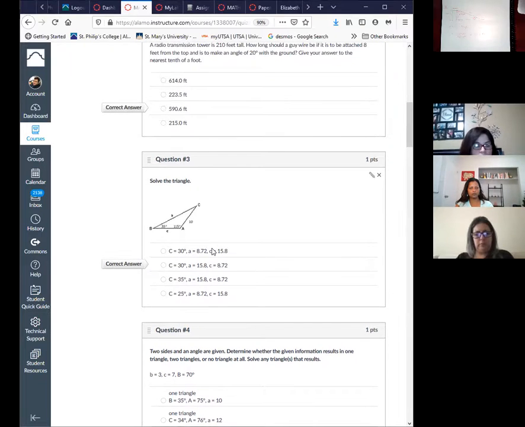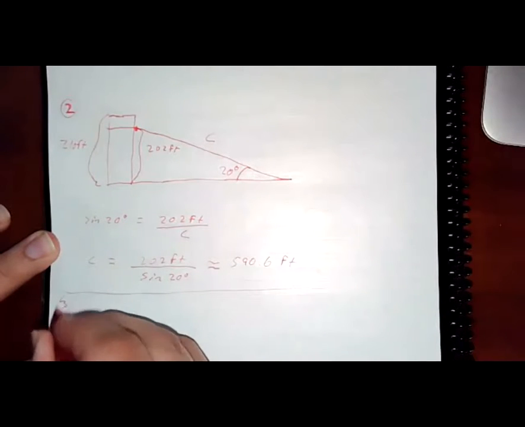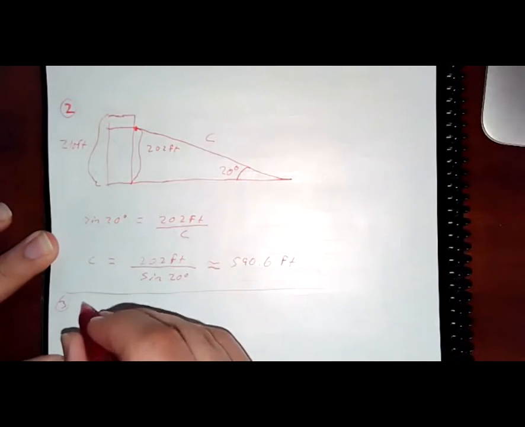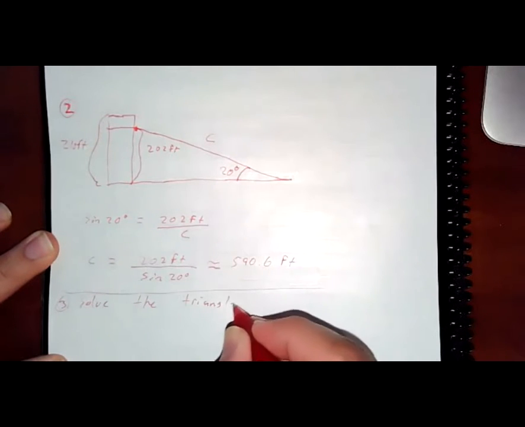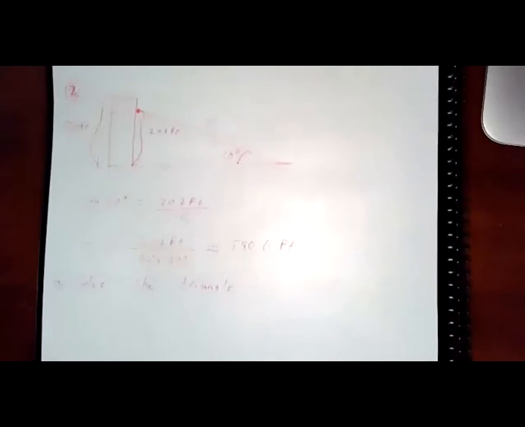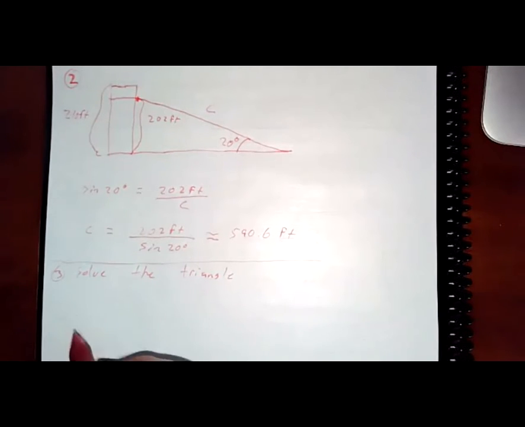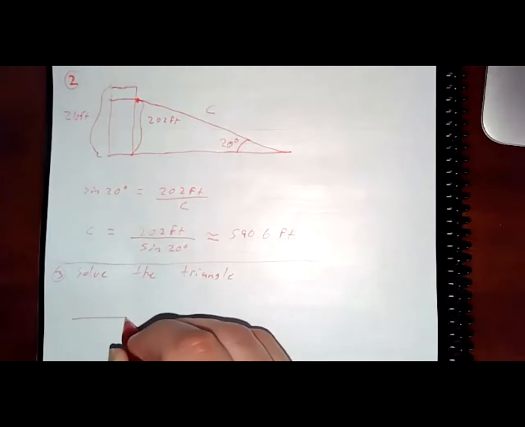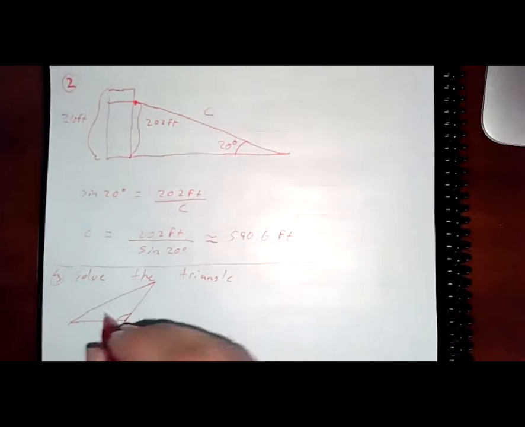Okay, so let's do 3 and go from there. To solve the triangle, solve for the asked-for parts. So this is 115.